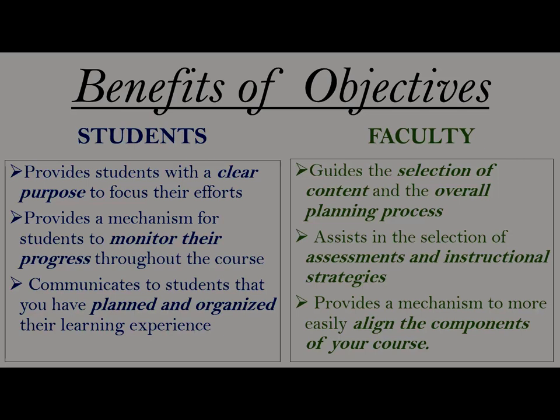For you, like I just said, it's going to guide your selection for content, and it's going to guide the overall planning process. It's going to help you select your assessment and your instructional strategies, and it provides a mechanism for you to align all of these components together, right?